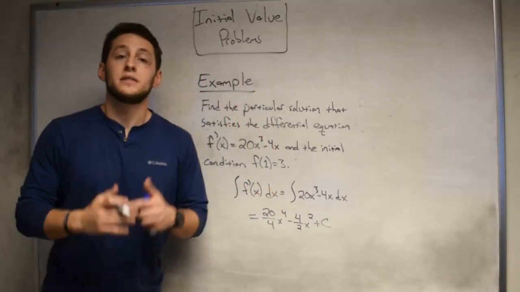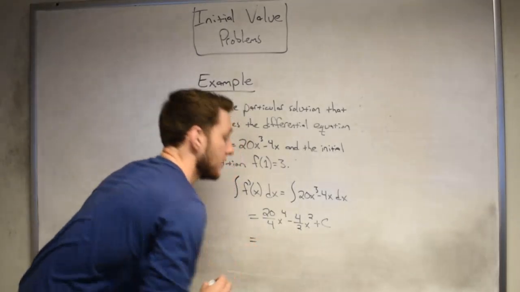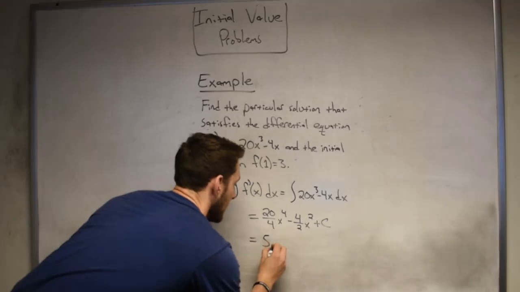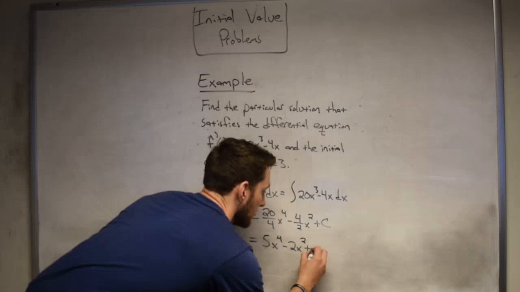Add 1 to the power, divide by the power you landed on. This simplifies out to, make that a little neater, 5x to the 4th minus 2x squared plus c.